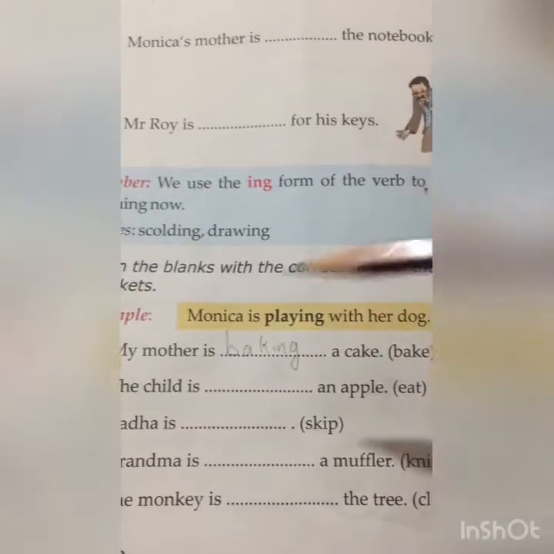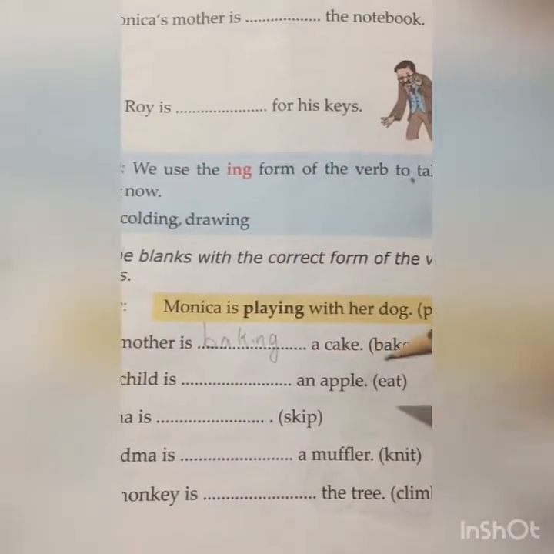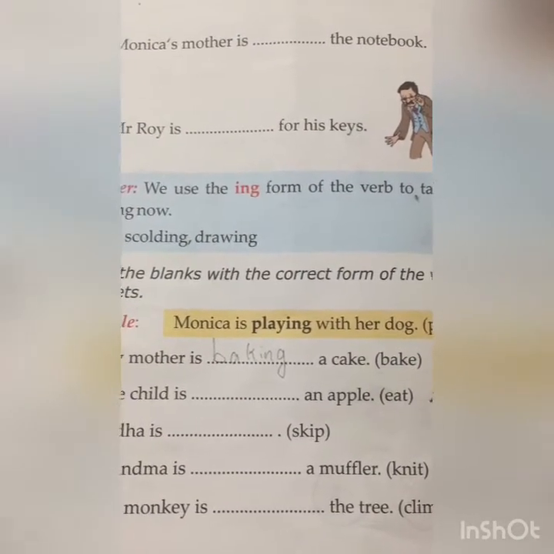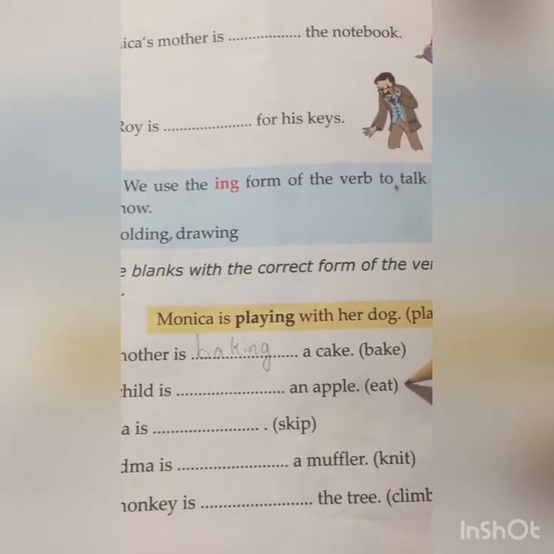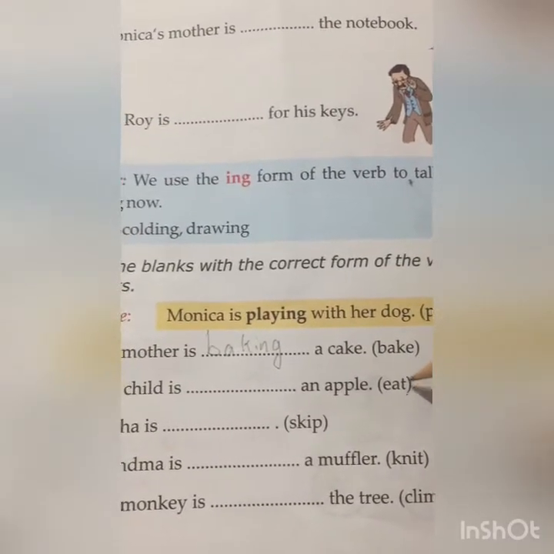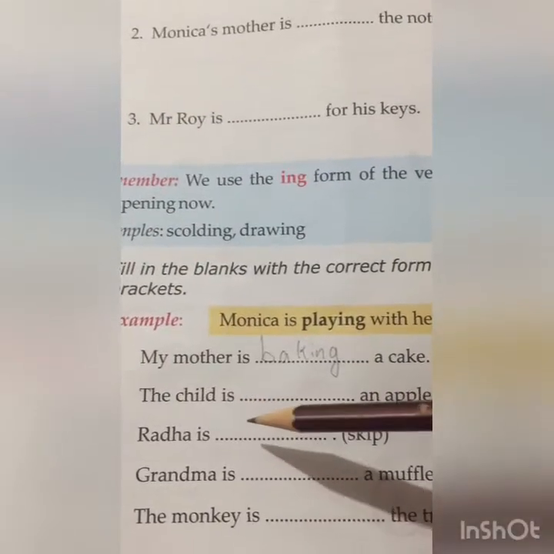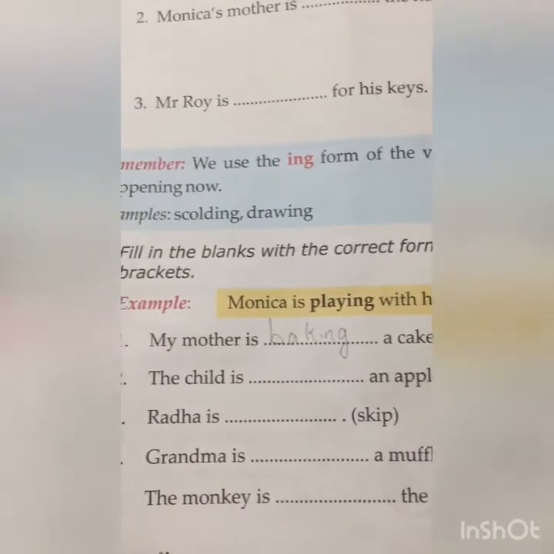So like that you have to write. The child is dash an apple. How do we write it in the present continuous tense? You have to use the ing form, right? Have to use ing after the verb. Radha is dash. It is given skip in the bracket.